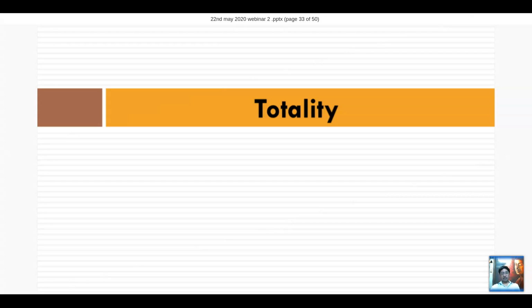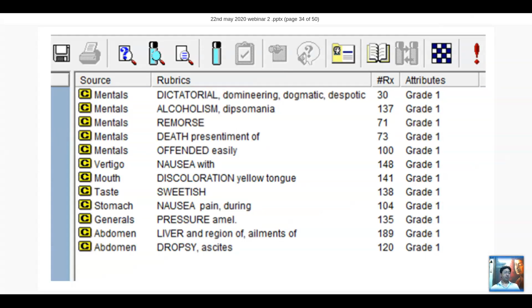So in this case, we are not having any mental phenomenon or essence, right? We are not having any understanding which runs through and through this case, but we are having information. What is that information? We know that the person is dictatorial. We know that the person has an issue of alcoholism.